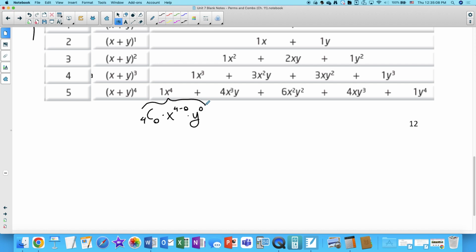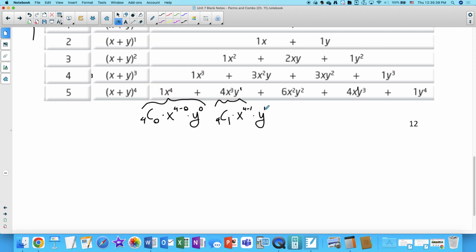What we are going to see is that there's going to be a trend around these two numbers. In fact, if you look ahead at all of the various exponents, you can see that they always sum to 4. Okay, so this next term here is 4 choose 1 times x to the 4 minus 1 times y to the 1.